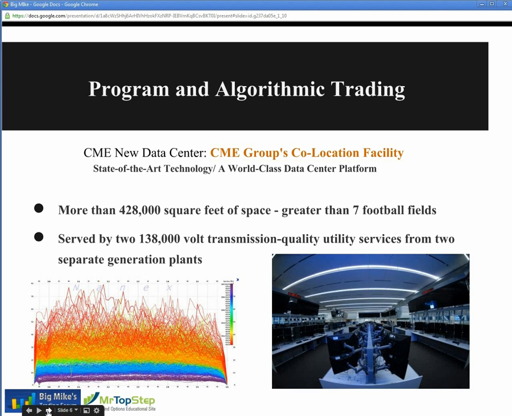The CME has already opened this world-class data center out west of the city. It's 428,000 square feet, seven football fields big, and served by 238,000-volt transmission-quality utility services from two separate generator plants. I've been out there, and this place is a monster. It looks like something out of a space movie, like 2001.